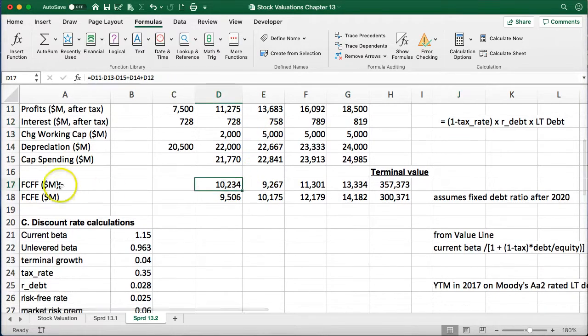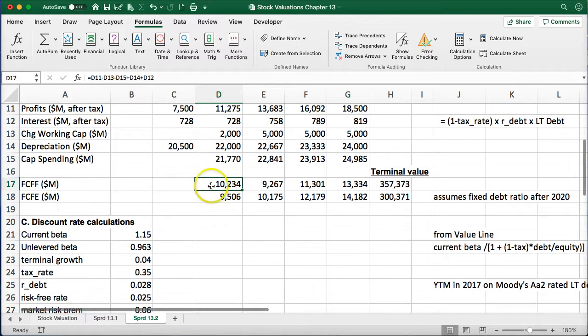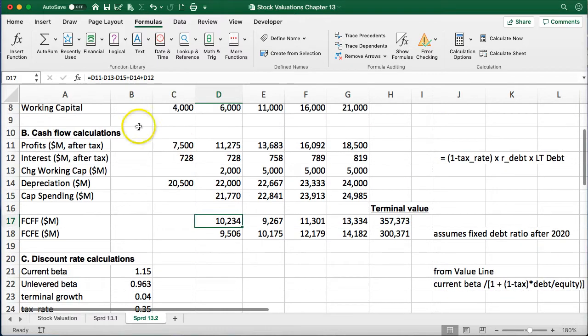So what's important is how do you calculate the free cash flow? So the cash flow FF and the free cash FE. If you look at the formula up here, we can do the trace precedence.